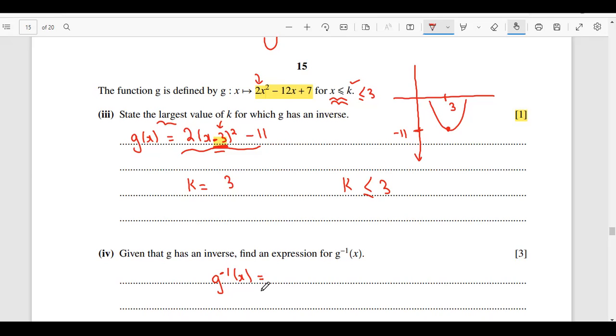Divided by 2, then we find the square root of it. Very good. Okay. And then we add 3, right? Yes, plus or minus 3. Okay, and then we need to replace x and y with g inverse of x and with x. Very well done. Okay. So let's wait for 2 more minutes. I would want all of the students to do it and then I'll do it.